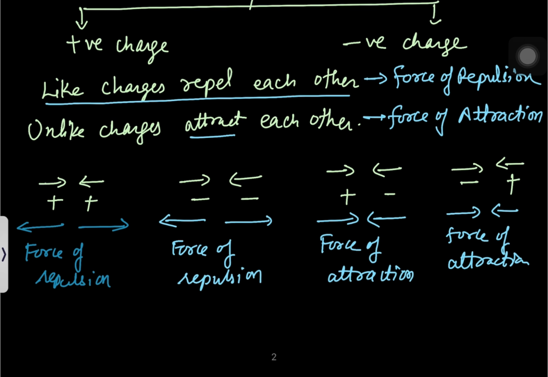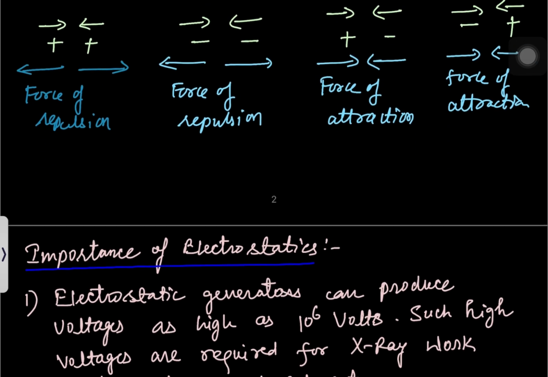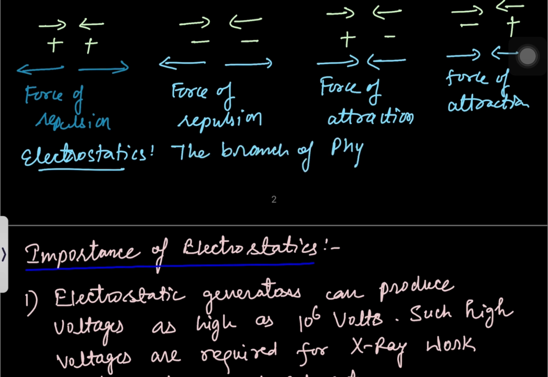I hope it is very clear. Now, what exactly is electrostatics? Electrostatics, the unit name is electrostatics. So it can be considered as a branch of physics. It is a branch of physics which deals with charges at rest.